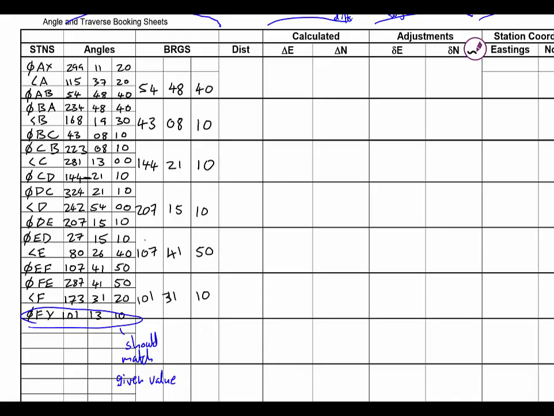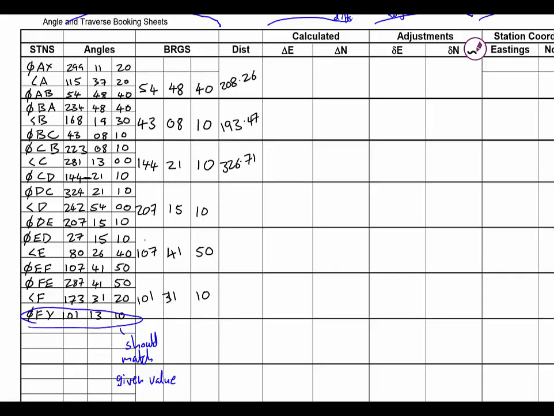I'm also going to add in the distances. So we're going from A to B here. The distance from A to B is 208.26. The distance from B to C is 193.47. The distance from C to D is 326.71.